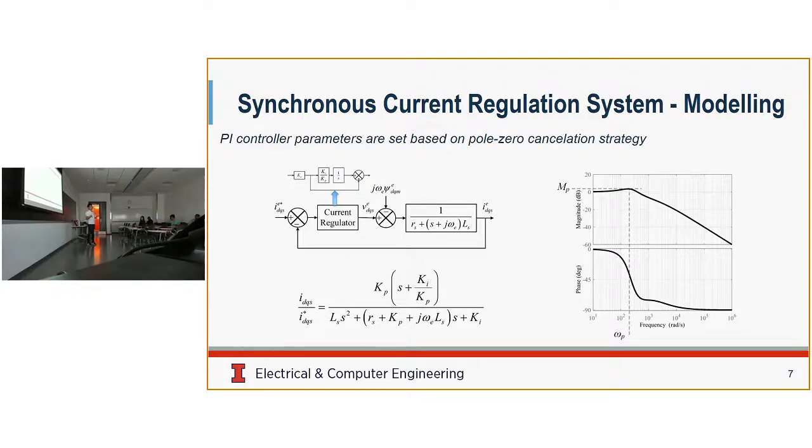Actually, it behaves like a fourth order system. So it's a high order system, and it's hard to use just the normal second order system characteristics to analyze it. So we use the closed-loop Bode diagram to analyze it, and we use the resonant peak and the frequency corresponding to that peak to indicate the stability and the bandwidth.